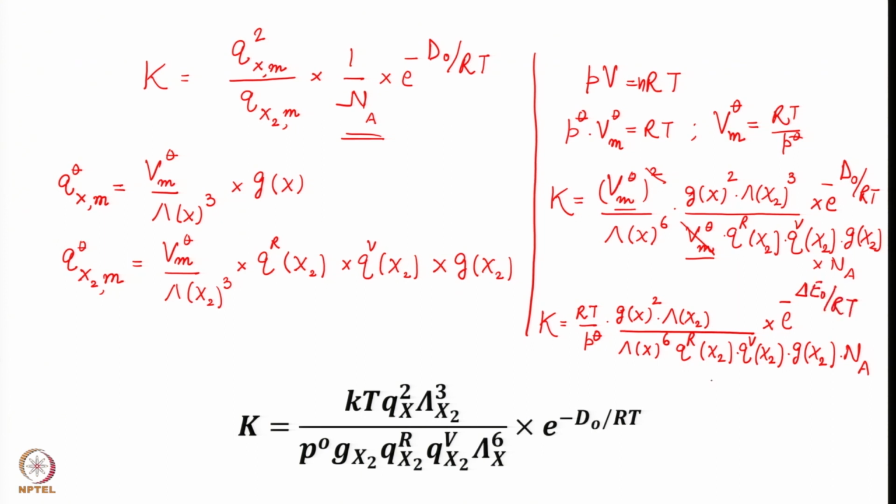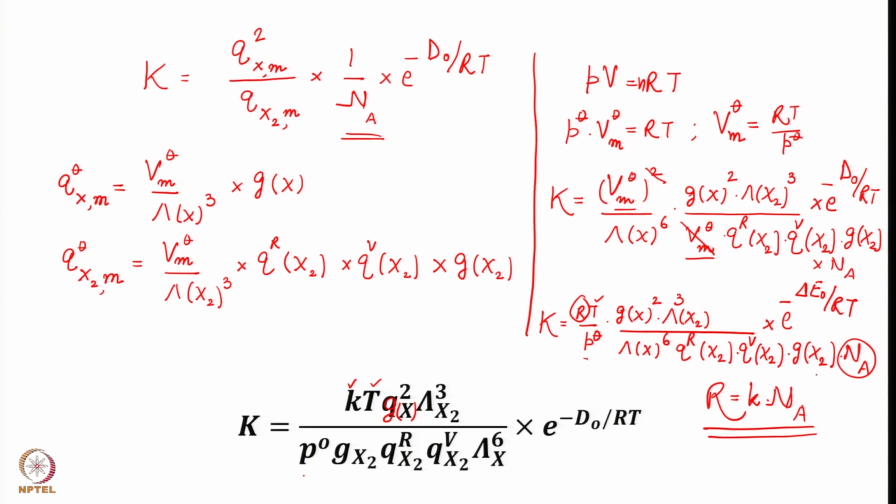Next is use R is equal to K times Avogadro constant. So that means this R by Na, I can just use K. R by Na, use K, that is the K. This temperature is there, and Gx square into lambda x cube divided by P naught is there.